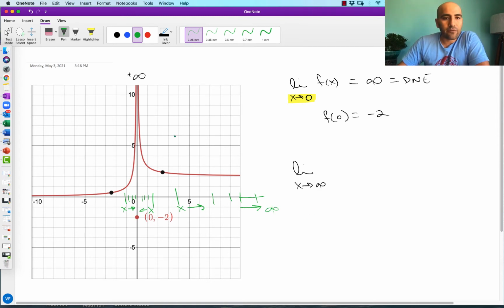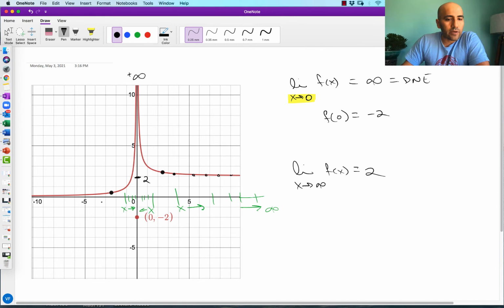Is there a pattern for the output? And this graph seems to be indicating that as we choose input values that get infinitely large, the output values seem to get infinitely close to 2. Right? This is converging toward 2. So the limit as x approaches infinity of my function f of x is equal to 2.